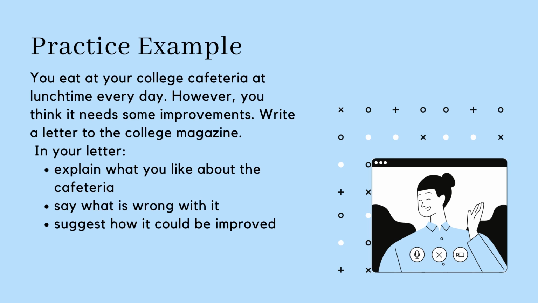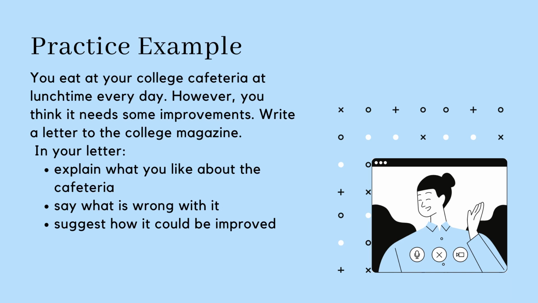In your letter, you will have to explain what are the things about the cafeteria that you like. Then, you will write what are the things that you are not satisfied with, and finally, you will suggest some points that they can note for the improvement of the cafeteria. Refer the format that we have learned and the useful language in order to complete this task.